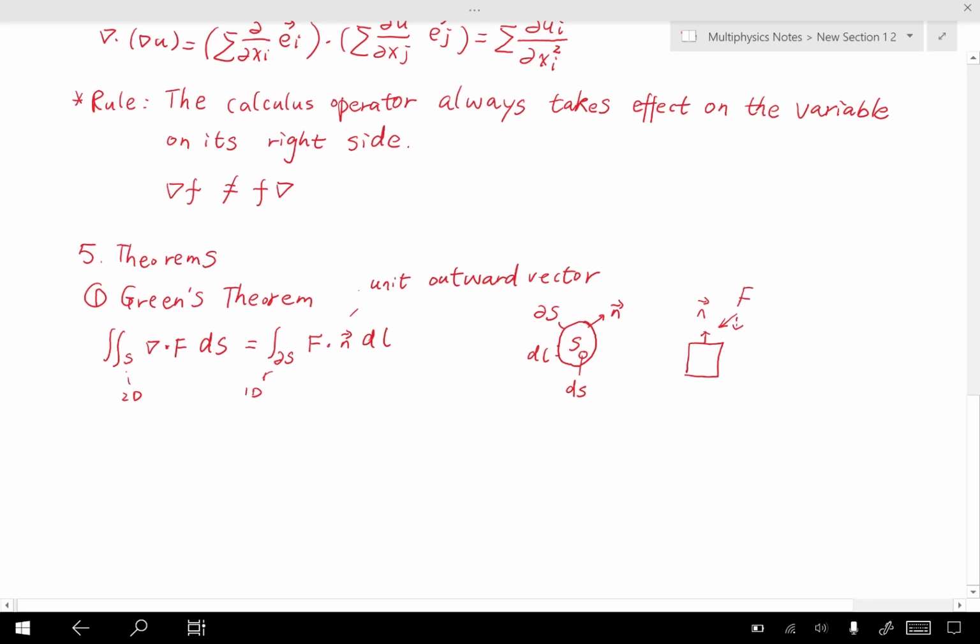And again, this is the source. And this is the projection of F along N.